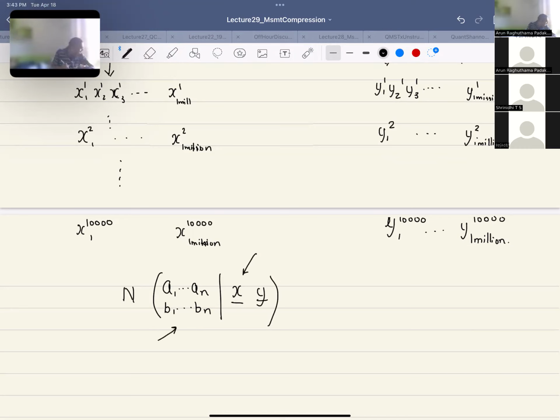Okay, and they will observe that this will be close to how many ever days they see times the product of Pxy of Ai comma Bi, for i equal to 1 through n.